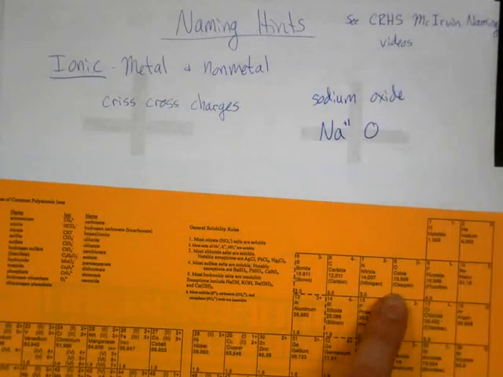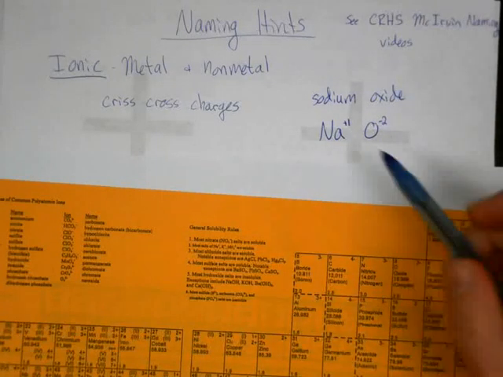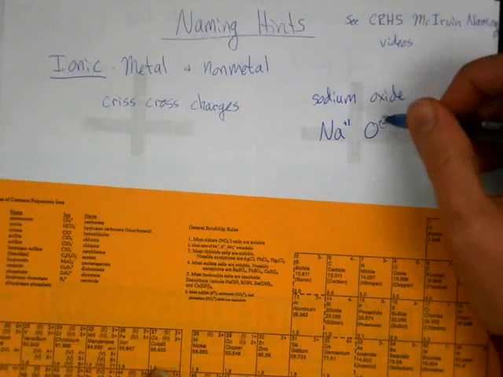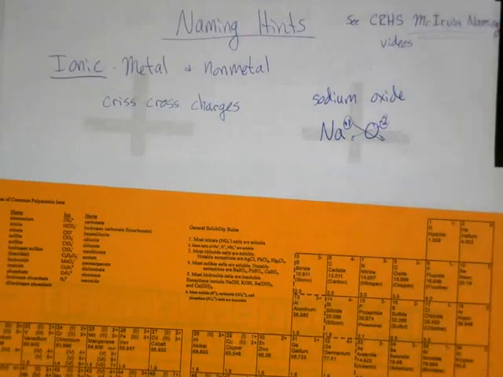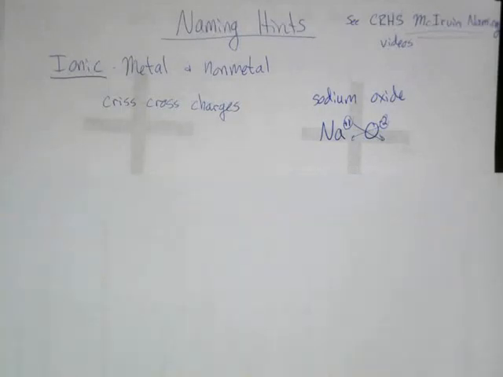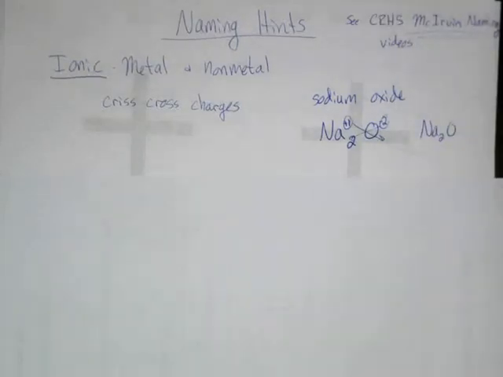We can look up oxygen, it's just an O, and on the periodic table it has a 2- charge. In order to make these equal, I crisscross my charges. Again, check out my naming videos if you have no idea what's happening right now. I do explain it more in depth in earlier videos. So my formula would be Na2O.